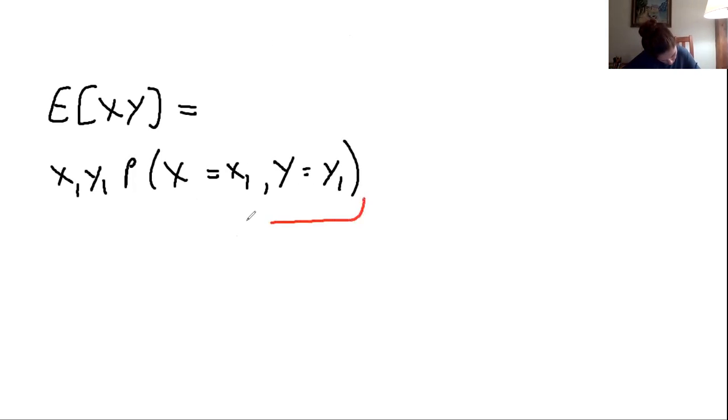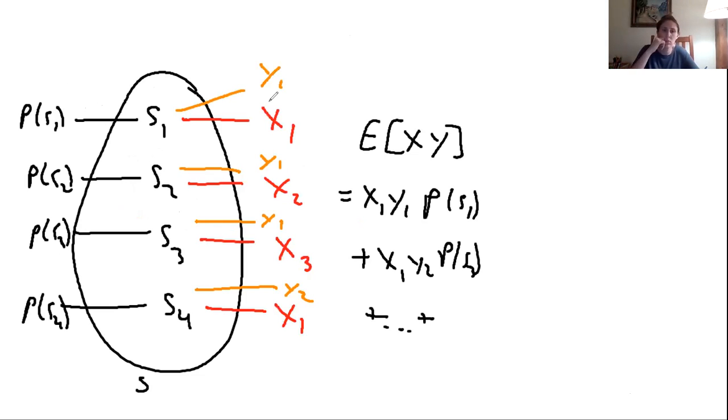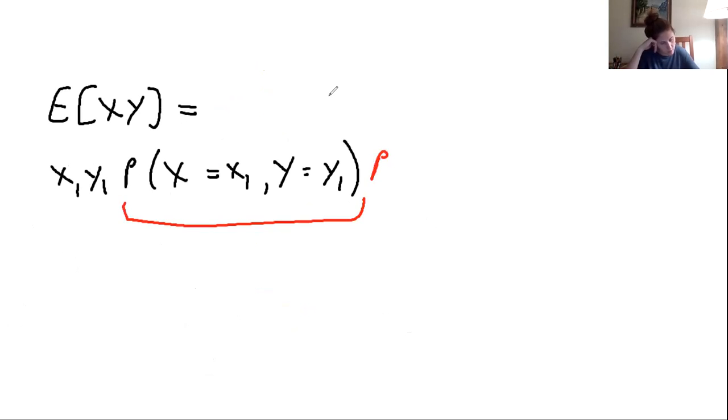What is that probability? Well, I look in the previous picture. X equals x1 and y equals y1. When does it happen? We have x1, y1, and that's it. We don't have anything else. So that's just probability S1. Agreed?